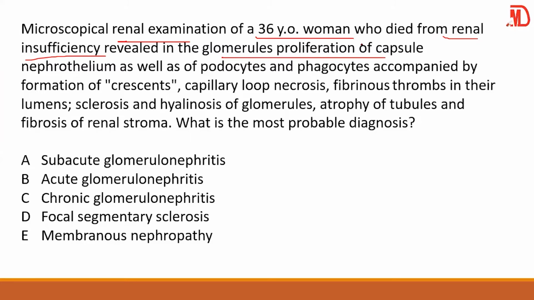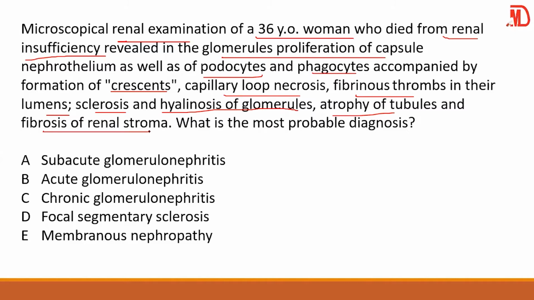Inflammation going on there, proliferation, as well as the podocyte and the phagocyte, accompanied by the formation of crescents, capillary loop necrosis, fibrinous thrombi in their lumens, sclerosis, hyalinosis of the glomerulus, atrophy of tubules, fibrosis of renal stroma. What is your diagnosis?